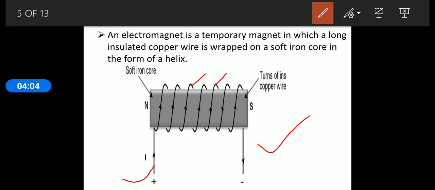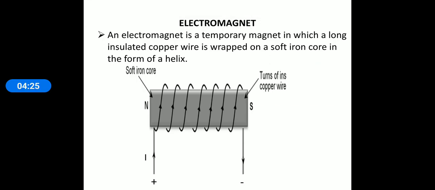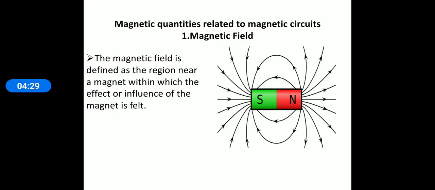Electromagnet is nothing but this: this is the core, and on the core insulated copper wire is wrapped, and the material of the core is iron. That is the electromagnet.